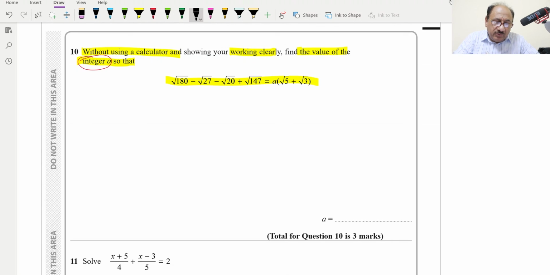So what we will do, we can rewrite this 180 because we require it in this format.